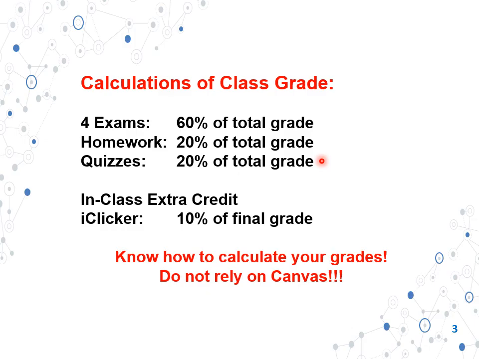If you miss one exam without a good acceptable excuse, then you have to take the cumulative final, because that's going to be the substitute for your missed exam. Okay? If you miss one exam due to a valid excuse, then you have to let us know, because then we will arrange for you to take that exam, to make up for that exam.